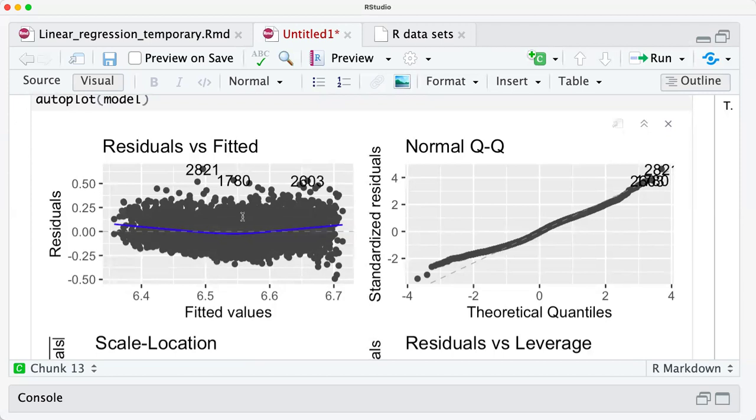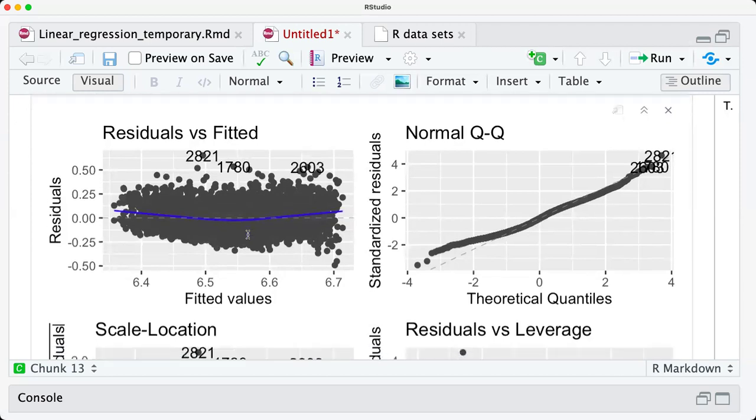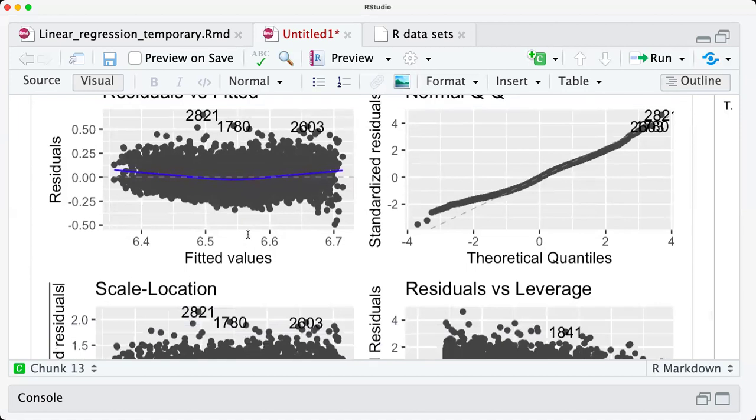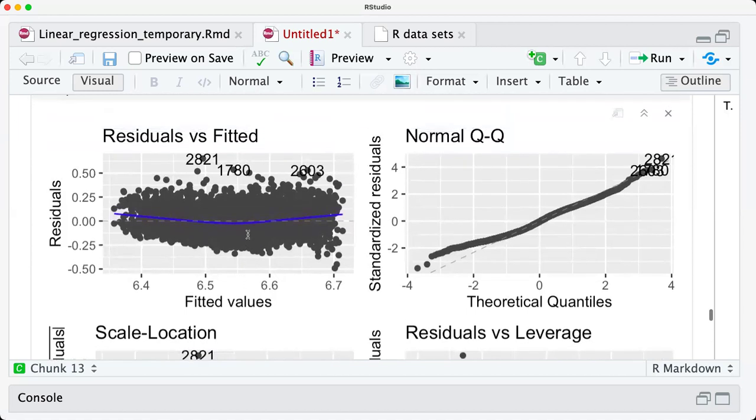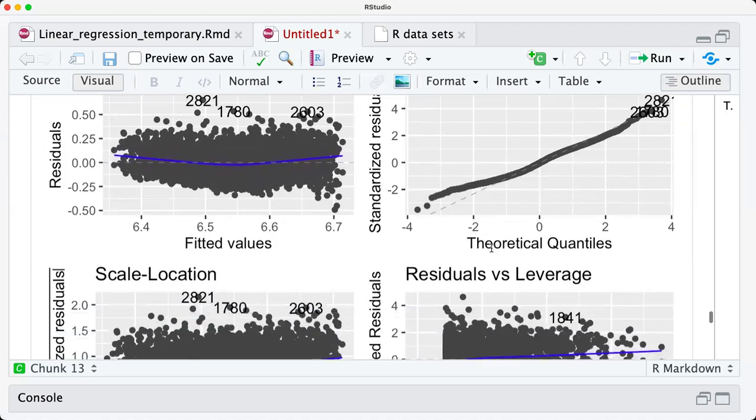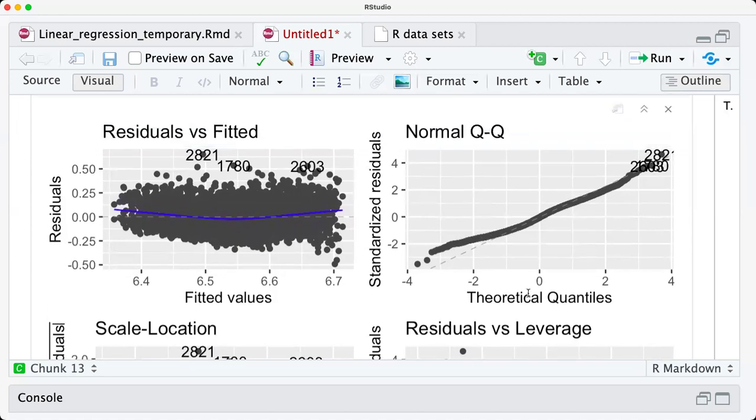You don't see the blue line. I don't really know what it means. And the quantiles are practically... do you want me to explain what this quantile to quantile plot is?